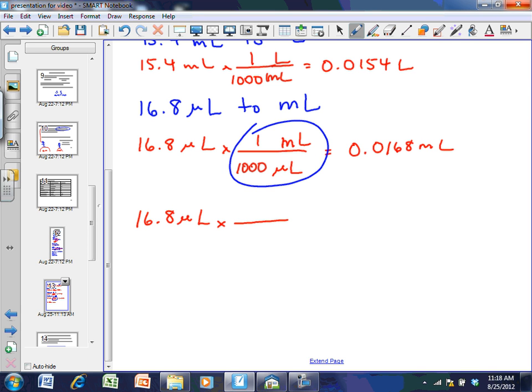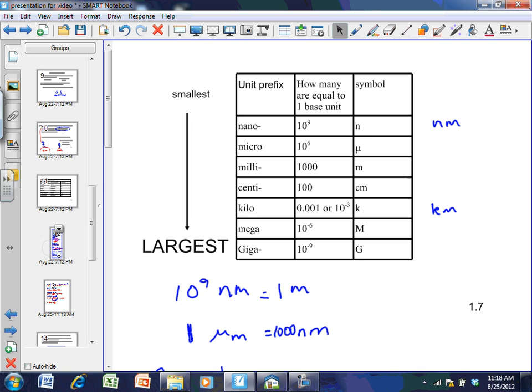I might not know how many microliters are in a milliliter, but I do know how many microliters are in a liter. Go back to your chart here. I know that there are 1,000,000 microliters in a liter.